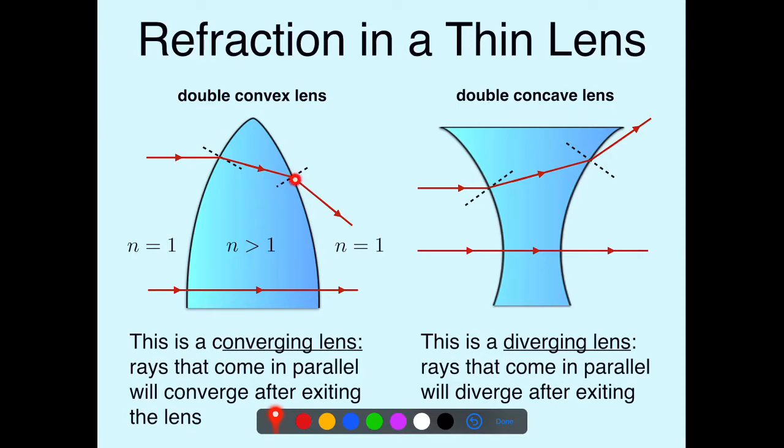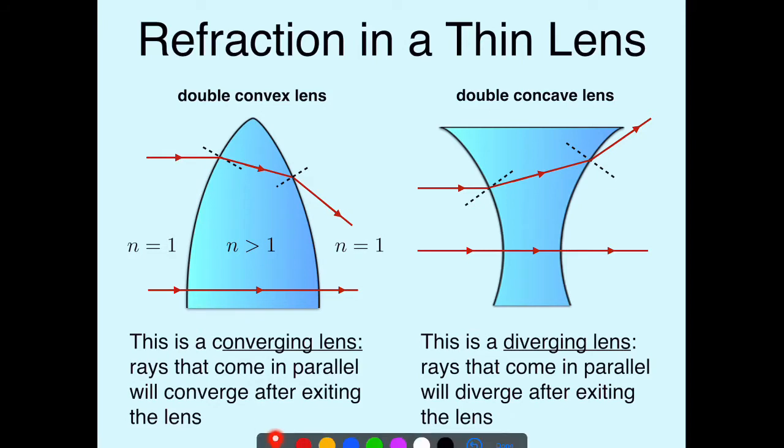And so we're bending away from the normal line like so. So notice what's happening. These rays that were parallel before are now coming together. In other words, they're converging. That means a double convex lens is an example of a converging lens because it takes rays that are parallel and it makes them converge. It makes them come together after they exit the lens.